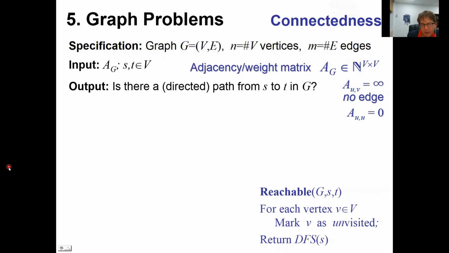Since time is running out, let me stop here and recap so far and point out where we resume on Thursday. We've been talking about graph properties, about quantitative and qualitative properties of graphs, about types of graphs. Quantitative properties include the degree of a vertex, the maximum degree of a graph, the diameter of a graph.